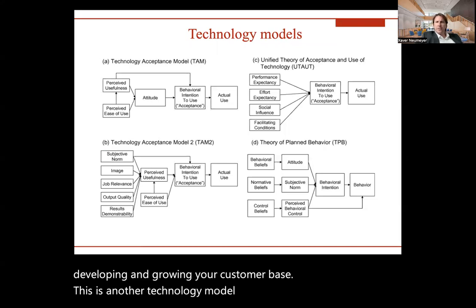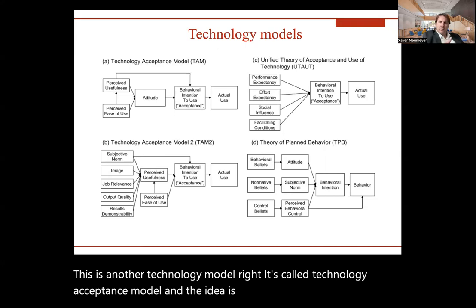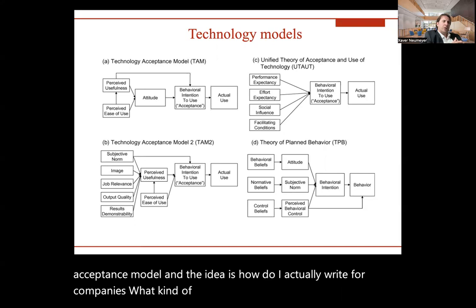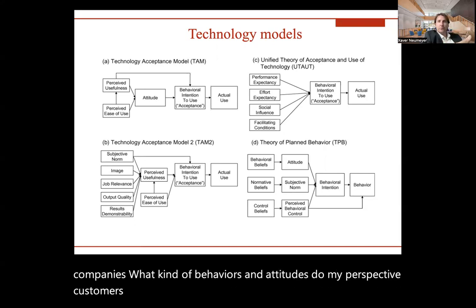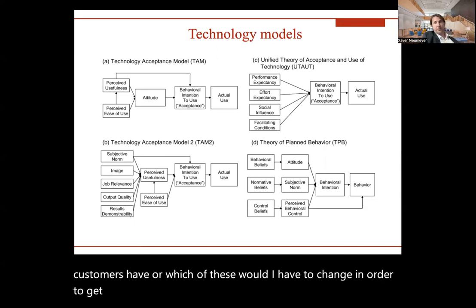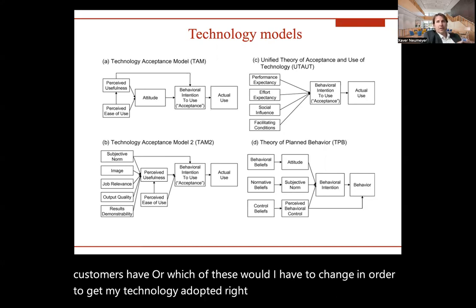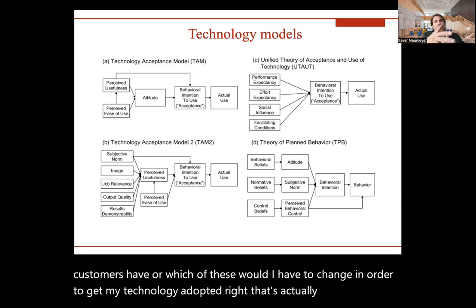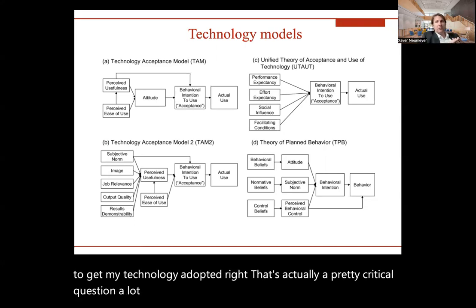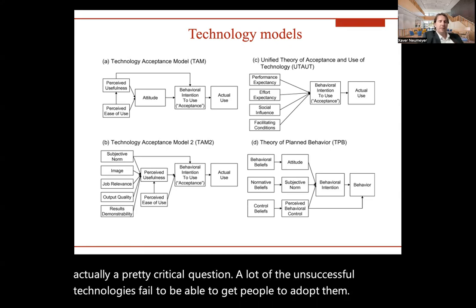This is another technology model, called the technology acceptance model. The idea is, for companies, what kind of behaviors and attitudes do my prospective customers have, or which of these would I have to change in order to get my technology adopted, right? That's actually a pretty critical question. A lot of the unsuccessful technologies fail to get people to adopt them because they ignore their behaviors, their attitudes, their preferences, right?